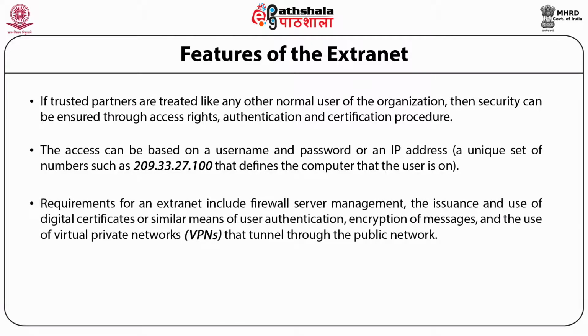Requirements for an extranet include firewall server management, the issuance and the use of digital certificates or similar means of user authentication, encryption of messages, and the use of virtual private networks, VPNs, that tunnel through the public network.